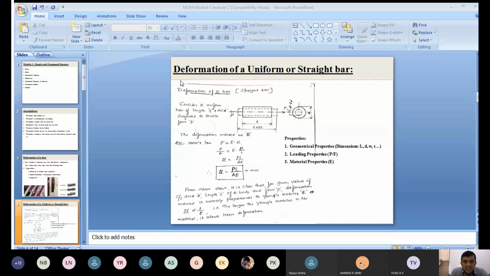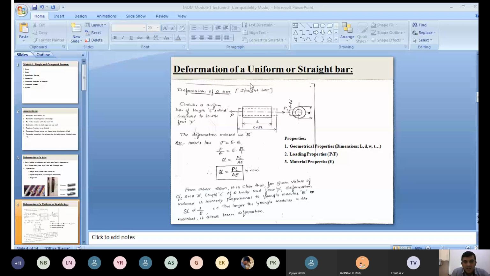The continuous thick line shows the initial state of the bar. When it is subjected to an external force, we represent the force as P. When a bar is subjected to an external force P, initially it resists deformation, then internal stresses are induced.